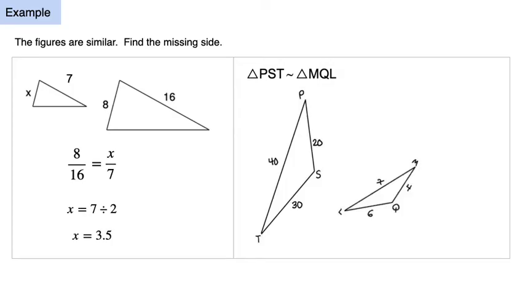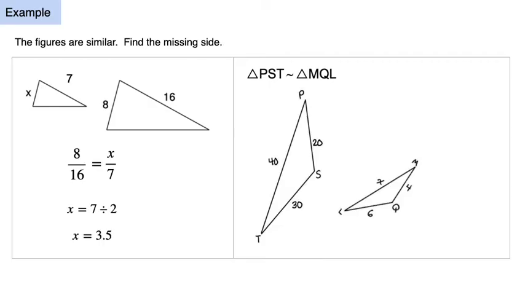Let's look at the next example. This one is not as straightforward because the triangles are not configured the same way. So instead of looking at the diagram to help me write my proportion, I'm going to look at the given similarity statement. I know that I'm trying to find the side marked as ML.